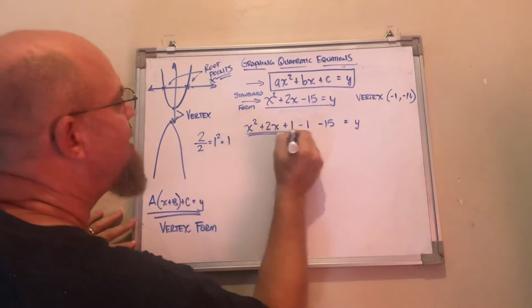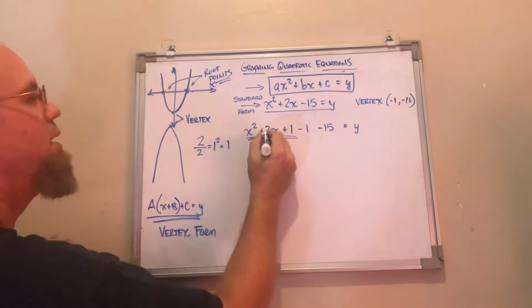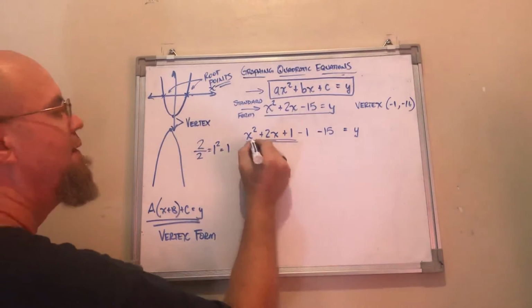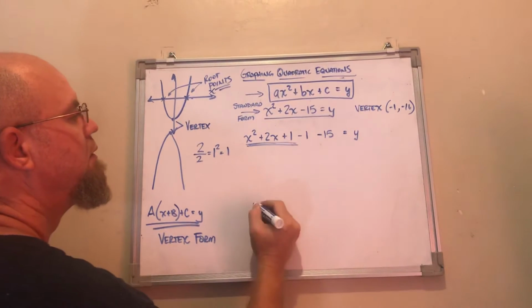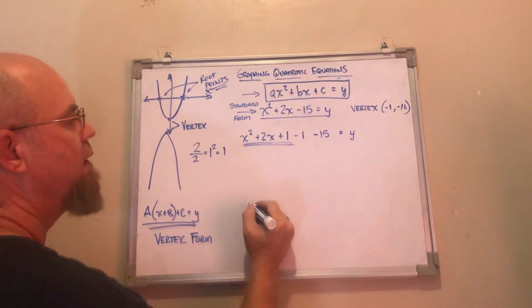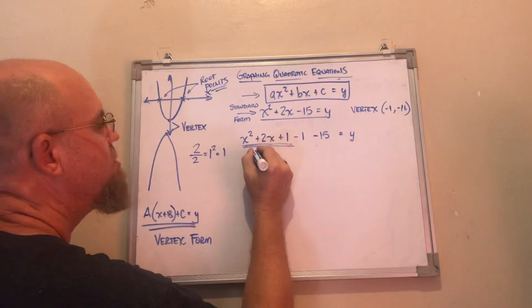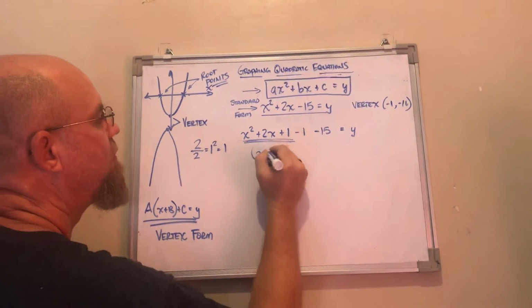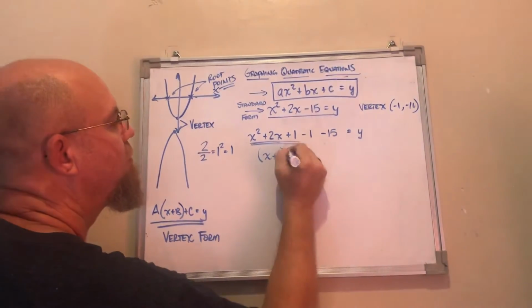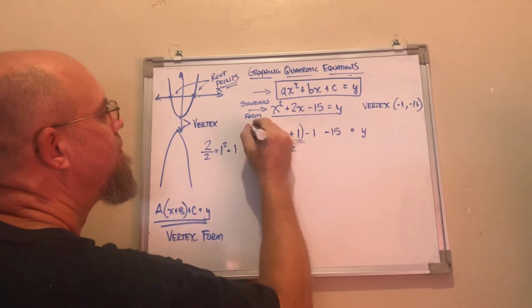So now that we have that, right? Now we've got this guy right here, where x squared plus 2x plus 1 equals a perfect positive square. So I can go ahead and turn that into x plus 1 squared, right?